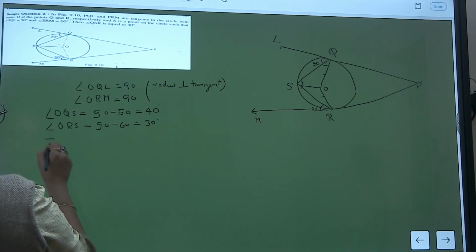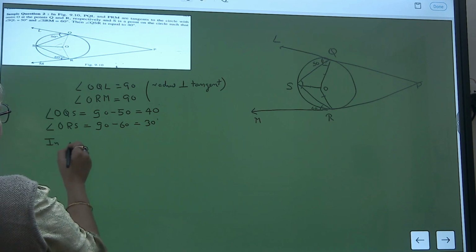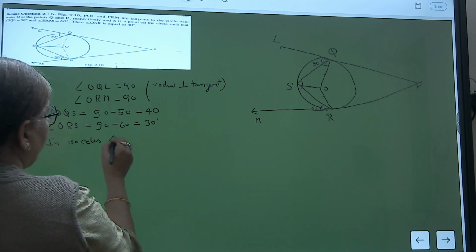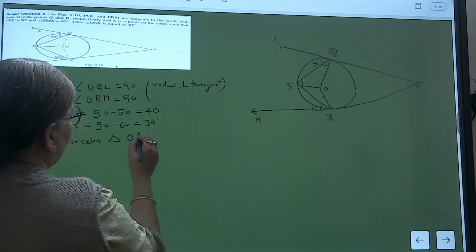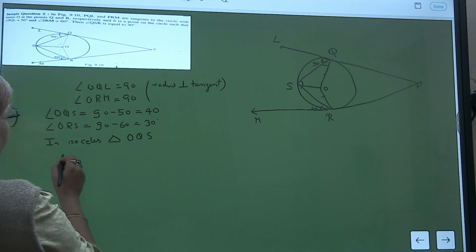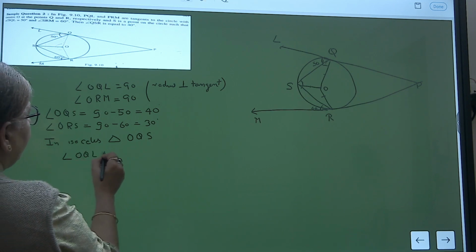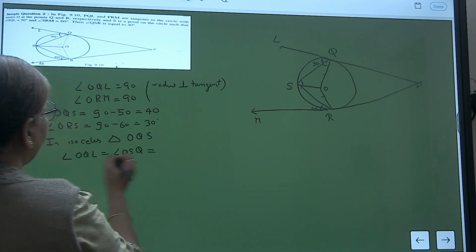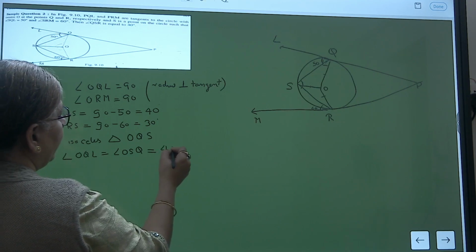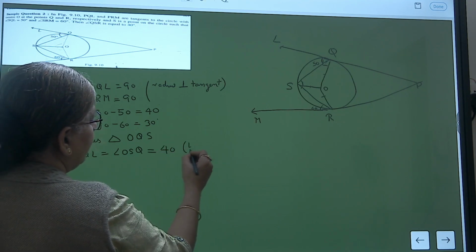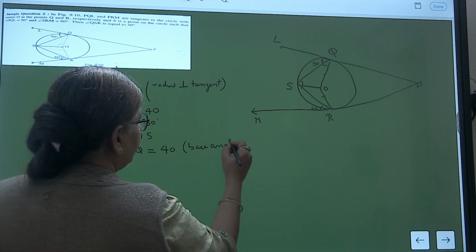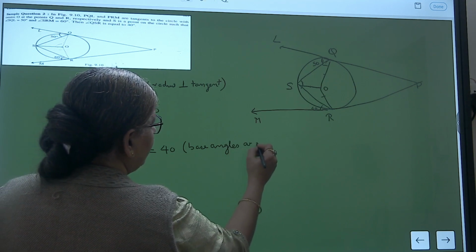So we begin by writing in isosceles triangle OQS, angle OQS is equal to angle OSQ, and both these angles are equal to 40 degrees. Reason is base angles are equal.